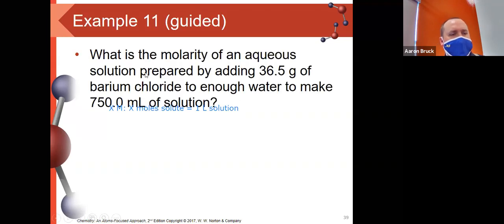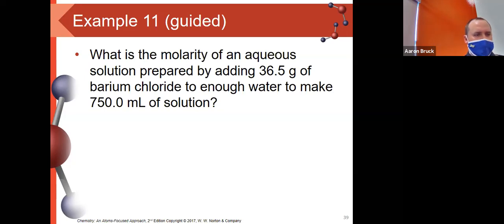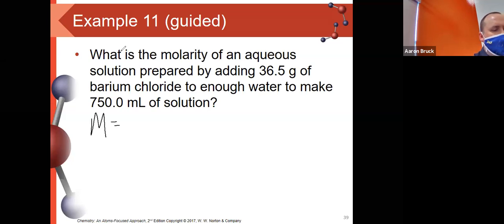So let's take a look at an example. What is the molarity of an aqueous solution prepared by adding 36.5 grams of barium chloride in enough water to make 750 milliliters of solution? All right, for this one, I needed to use my equation. Molarity is equal to moles of barium chloride, BaCl2, divided by liters of solution.